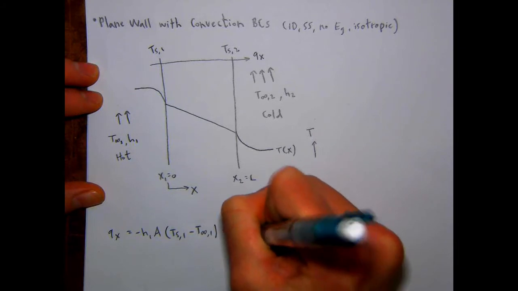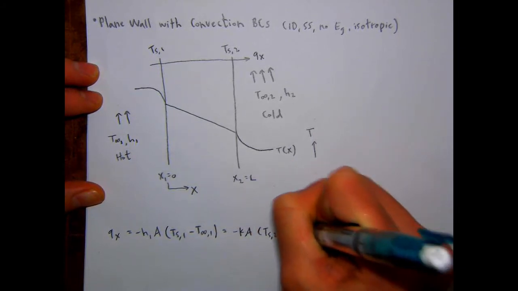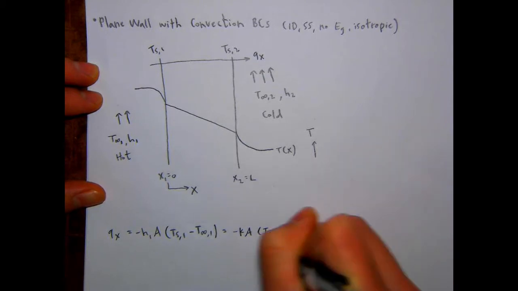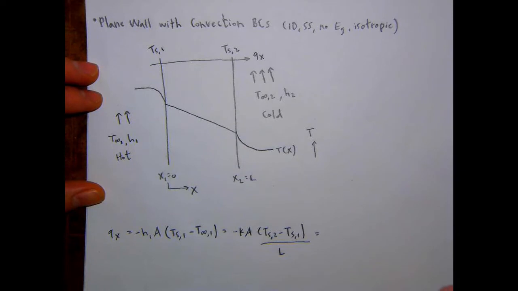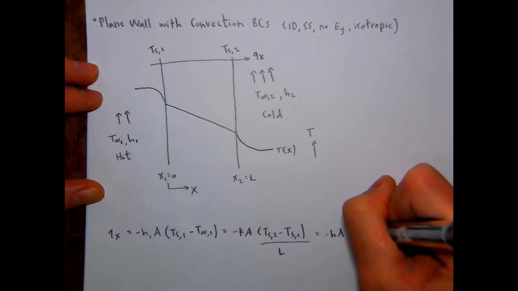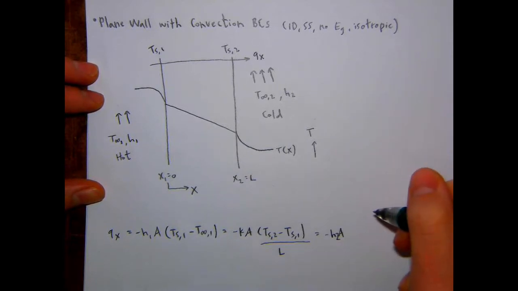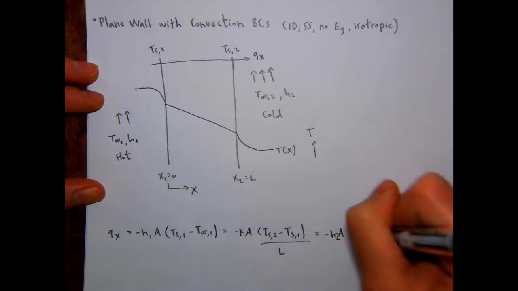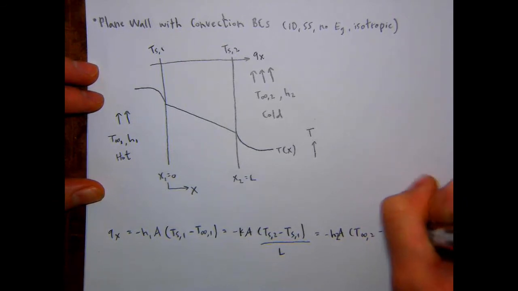So the conduction equation, negative Ka, Ts2 minus Ts1 over the length L. And then convection on the other side, negative H2A times T infinity 2 minus Ts2.